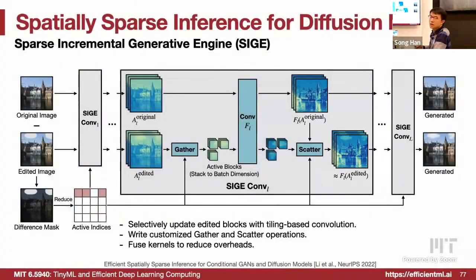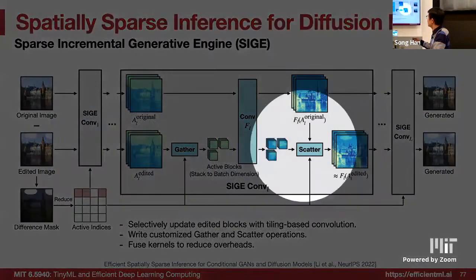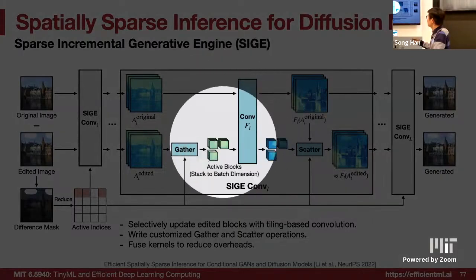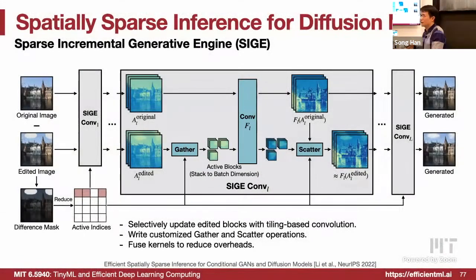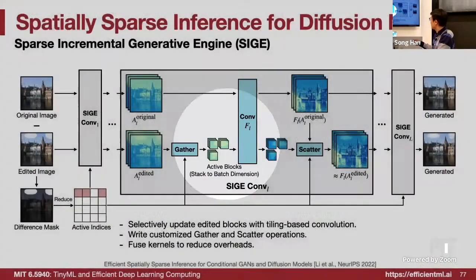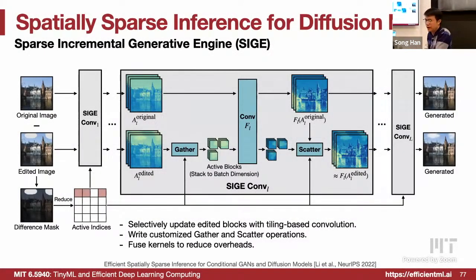So that's one layer of the SAGE, which only does convolution on the edited blocks. We call them active blocks. And we stack them to the batch dimension, so it's easier to parallelize. No sparse kernel is needed since each patch is still dense convolution. And this can also apply to diffusion-based transformers.